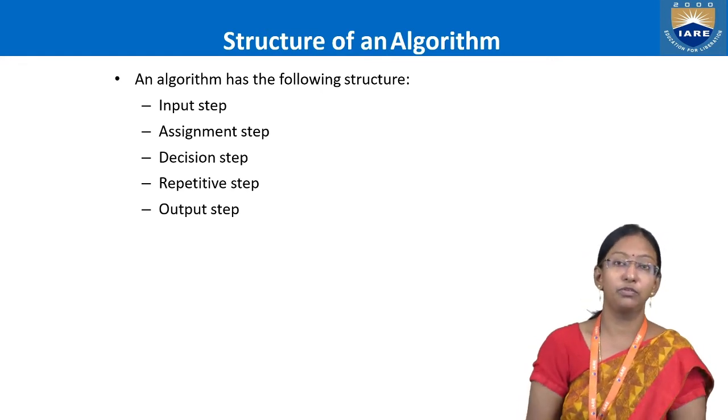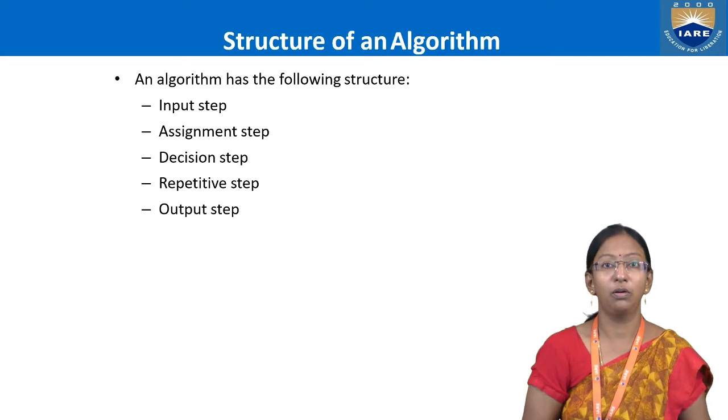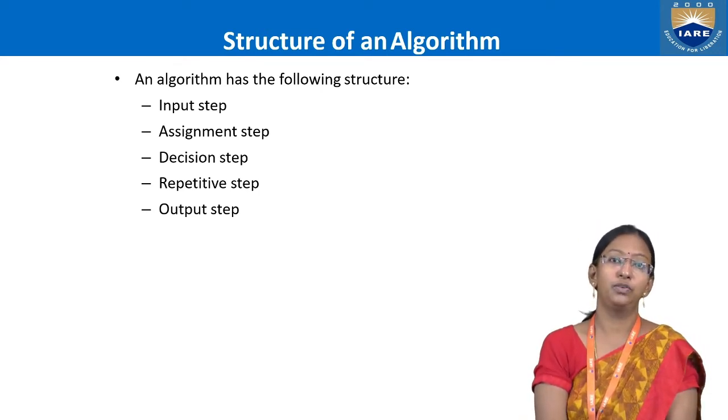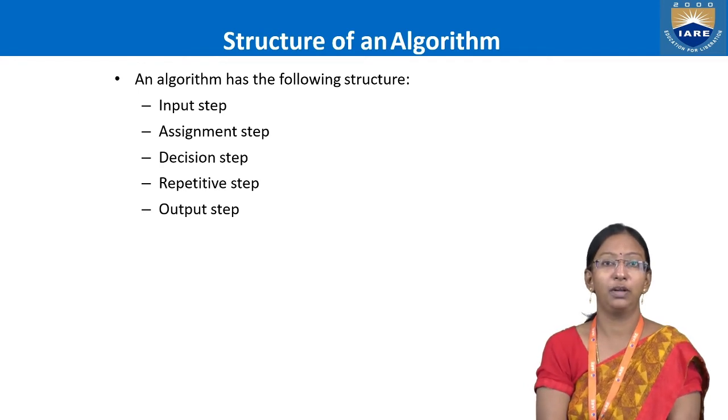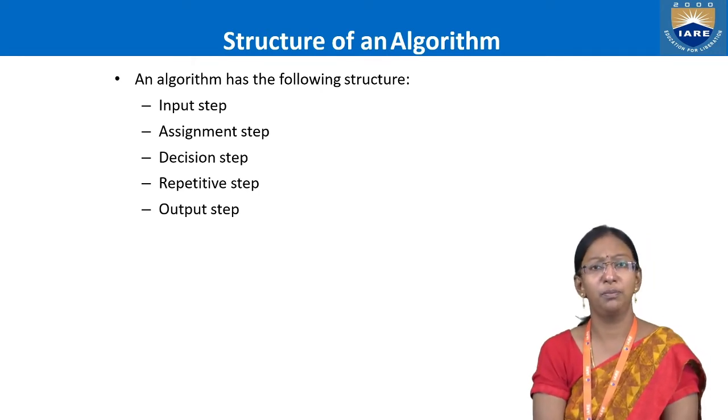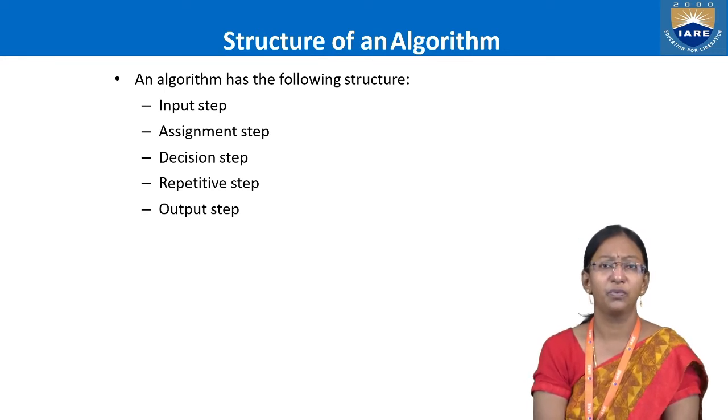At times we'll be forced to take a decision. Not always will it be a single streamline, right? So at times we need to take a decision between left or right, or you may have 4 directions when you want to reach your destination, right? So here also we will be forced to take decisions, right?